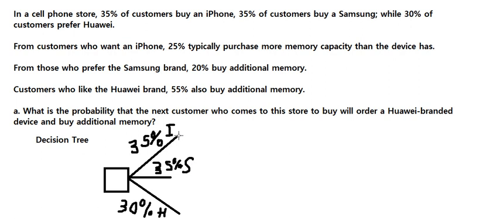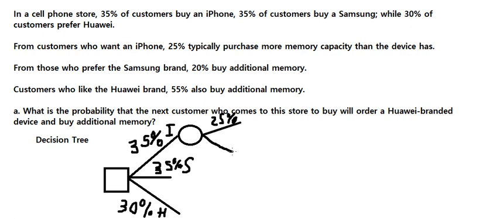For the next one, from iPhone, 25% will purchase additional memory capacity, so they should be a circle. That means we have 25% who go for additional memory.